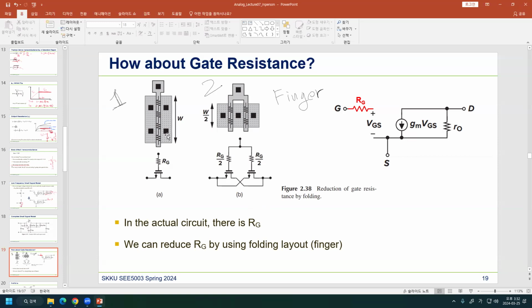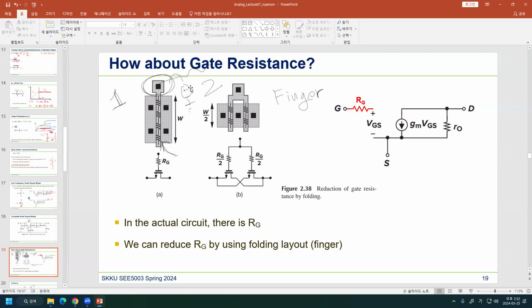So here, this is where we apply, not a voltage source, but let's say, input here, right? Then you see this part is kind of far from our source, which is bad.